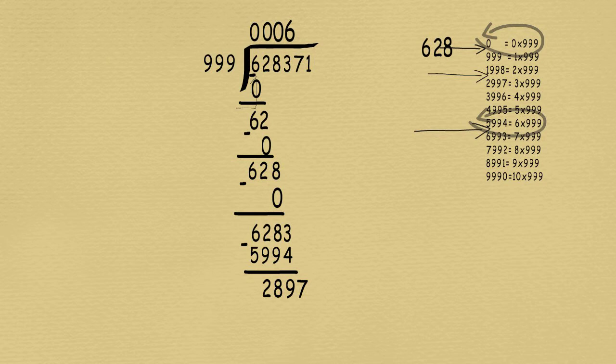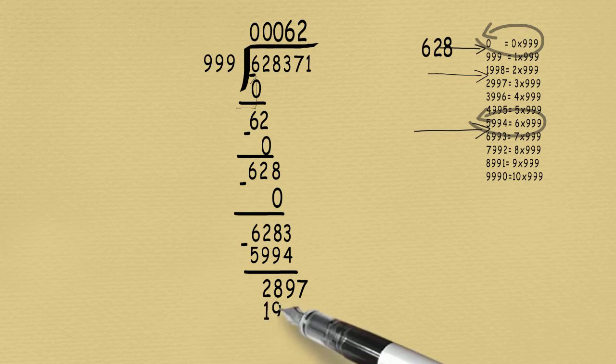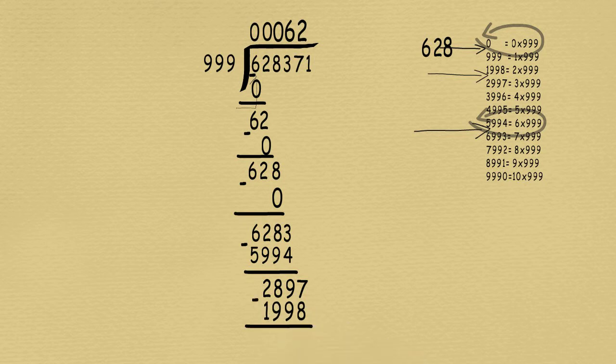So I'm going to choose the entire expression 1998 equals 2 times 999. I'm going to write down 2 on top of the division house, and the number 1998 right underneath the number 2897. I'm going to perform a subtraction, and I find that the answer is 899.